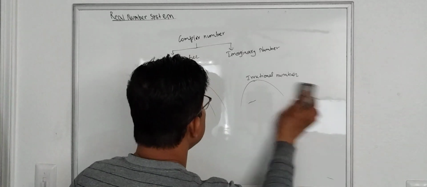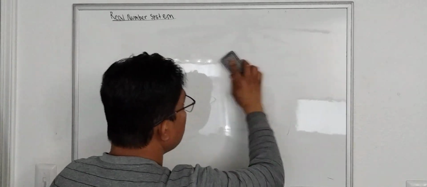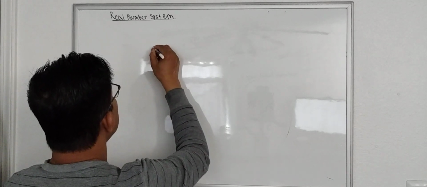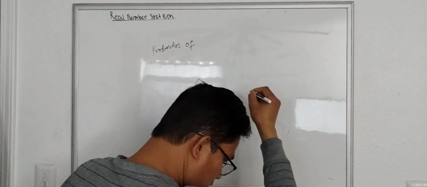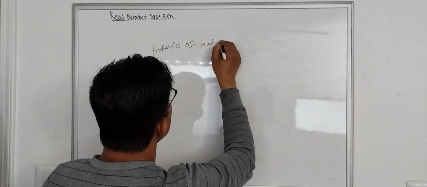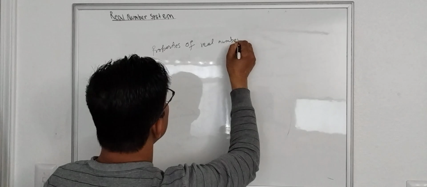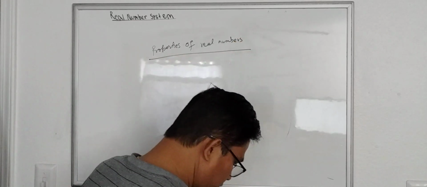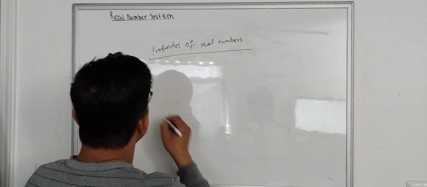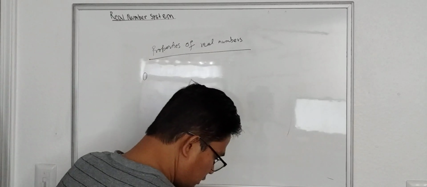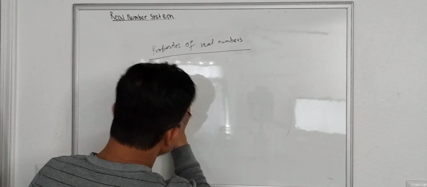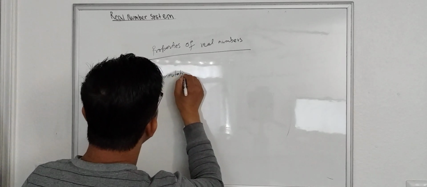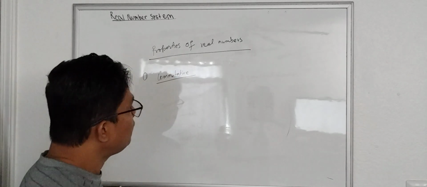Okay, let's erase this one. Now talk about the properties of real numbers. So the first one is commutative. What does it say?